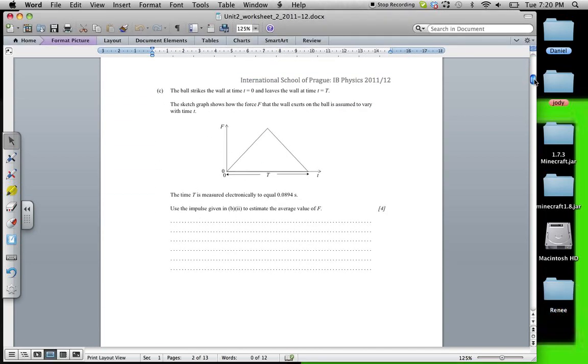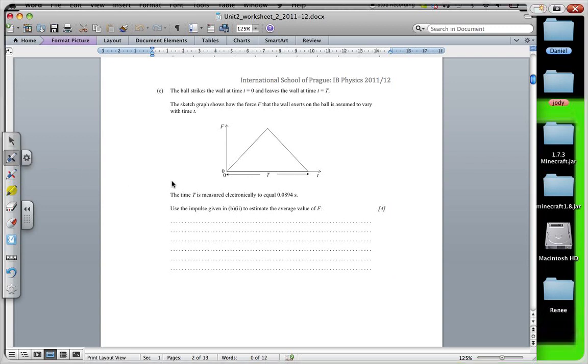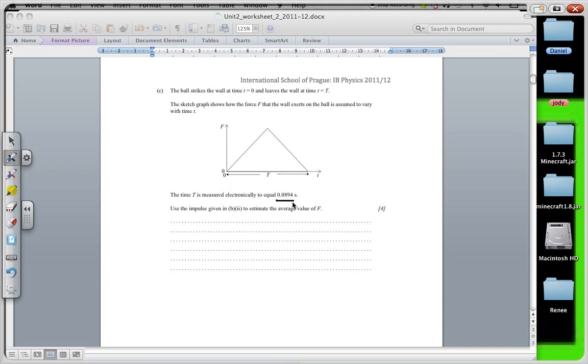This one over here. It says the ball strikes the wall at time t equal to 0 and leaves the wall at time t equal to T. The sketch graph shows how the force that the wall exerts on the ball is assumed to vary with time. And we're told here that the time it's in place is 0.0894 seconds.